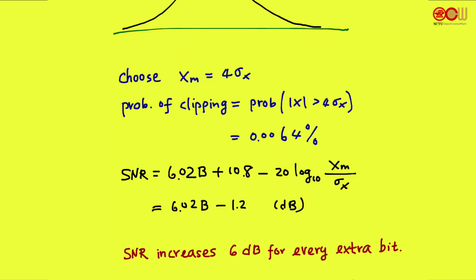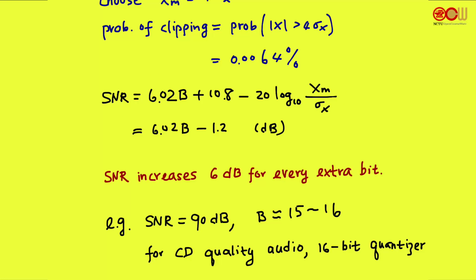This means in particular that SNR would increase around 6 dB for every extra bit we use for quantization. For example, suppose we would like an SNR of around 90 dB, then b is around 15 to 16. So this is why for CD quality audio, 16-bit quantizers are used.